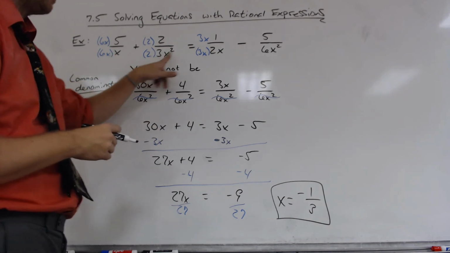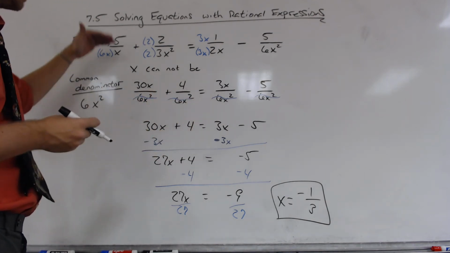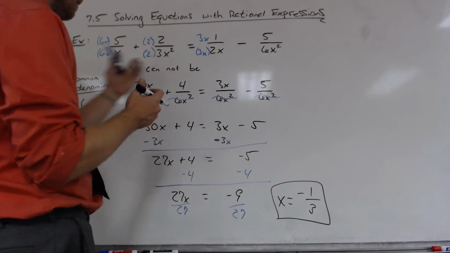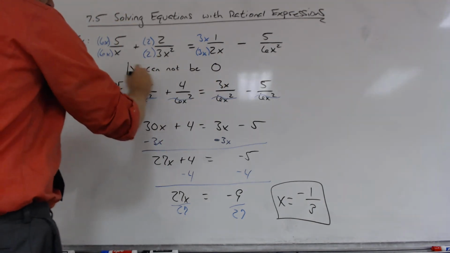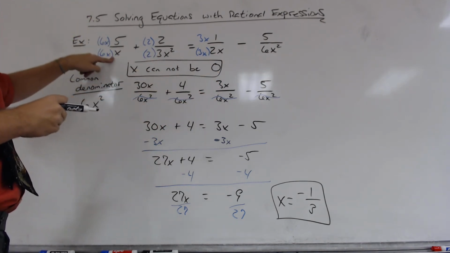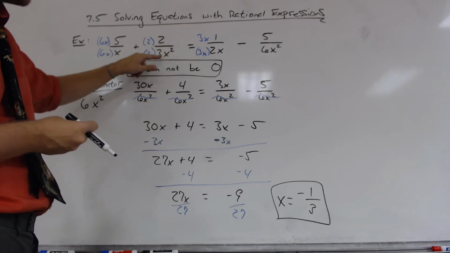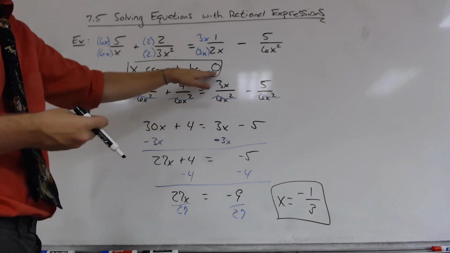All right, what value of x would make all of these denominators 0 and force us to divide by 0? The only value of x that I can see that would work there would be 0. Because if I were to plug in 0 here, that'd be 5 divided by 0. That's a problem. If I plug in 0 here, 2 divided by 0. That's a problem. All of these force us to divide by 0 if you ever let x be 0.